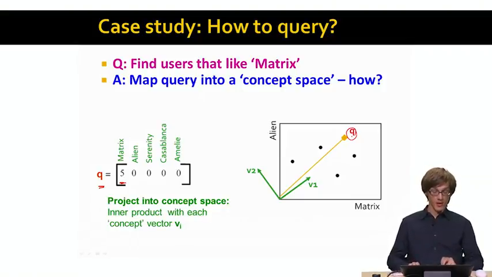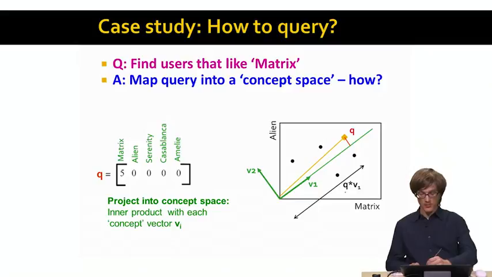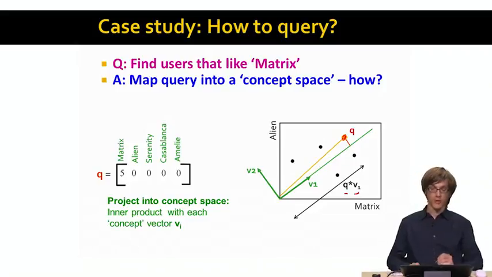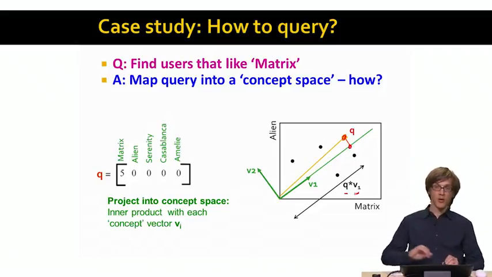The way we do this is that we simply do the inner product of our query point with each concept vector in matrix V, because V is the movies-to-concepts matrix, right? So why is taking the inner product a good idea? Because, for example, Q times the first singular vector will tell us the location of the point Q along the axis of the first singular vector.